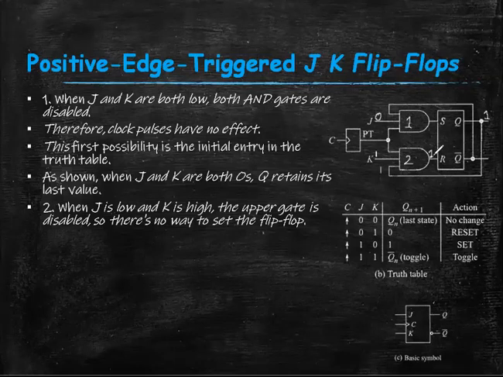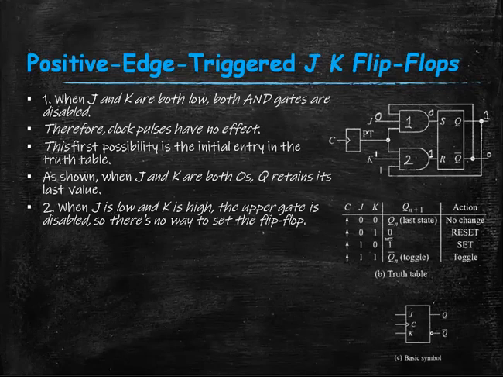We know that when Q is equal to 1, Q bar must be equal to 0. Then Q bar is equal to 0, and as one of the inputs of the upper AND gate is 0, the output is 0. Then S is equal to 0 and R is equal to 1. In the case of SR, it is reset; that is, the output goes low.